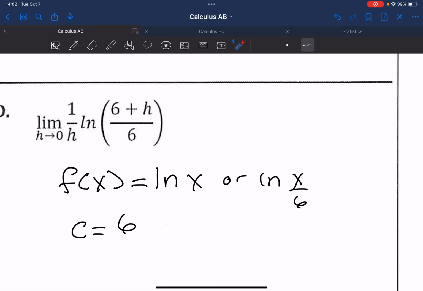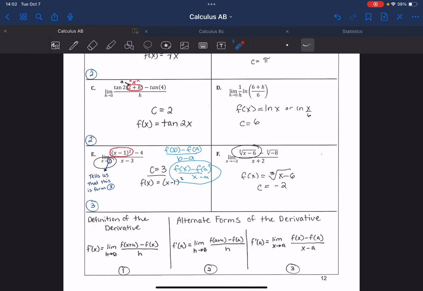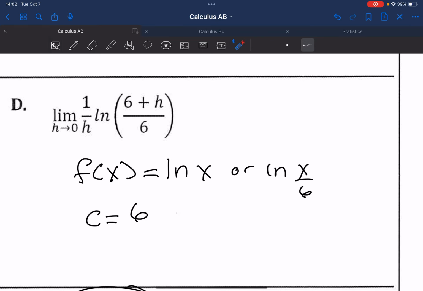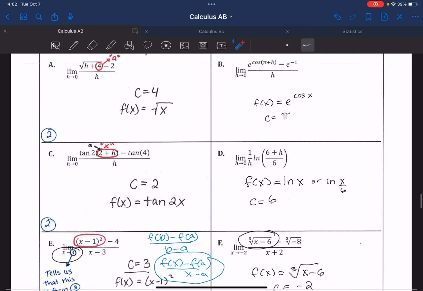Well, here we notice that this looks like this one right here, okay? So we know that the function most likely is just the natural log of x, that outside function here with the natural log, and our c value is the 6.